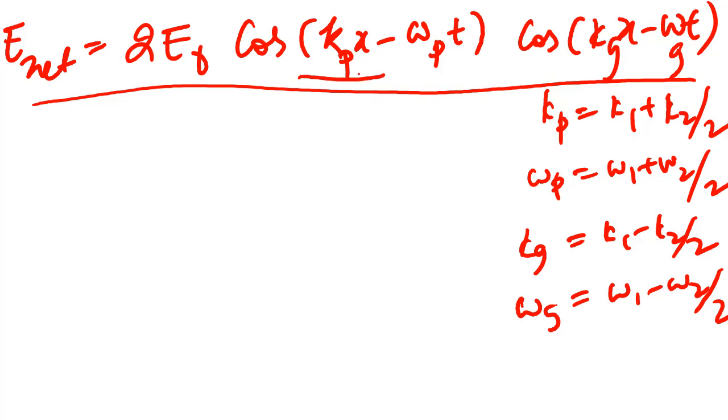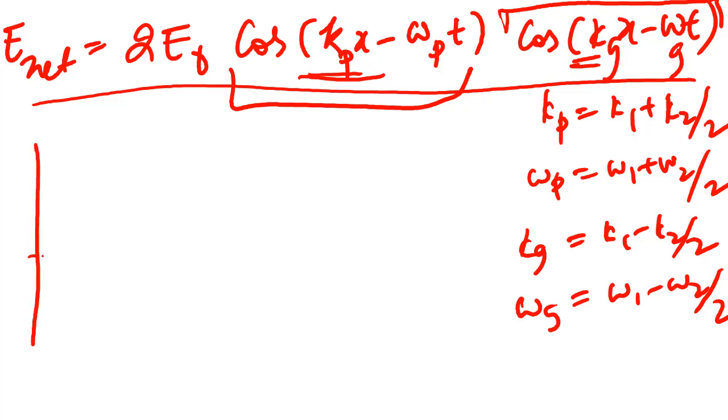In the first part, kp, you're adding both k1 and k2, and here you are subtracting. So the wavelength of this particular component would be very different from the wavelength of this. So if I were to plot this, suppose you take k1 to be 1 unit and k2 to be 2 units.